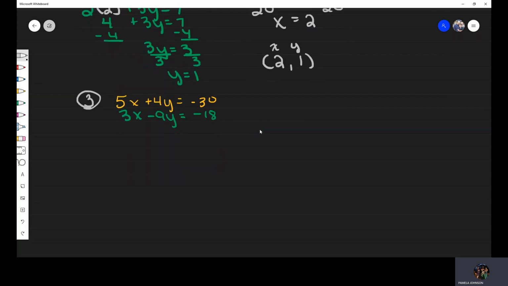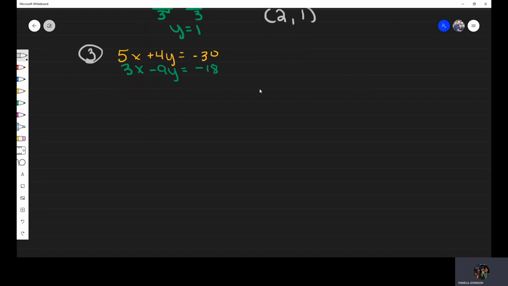When we solve systems of equations, we have different methods that we could use. We could solve them by graphing the two lines and looking at where the lines cross on a graph. We could solve it by creating a table for both equations and looking at where the y values are the same for the same x.